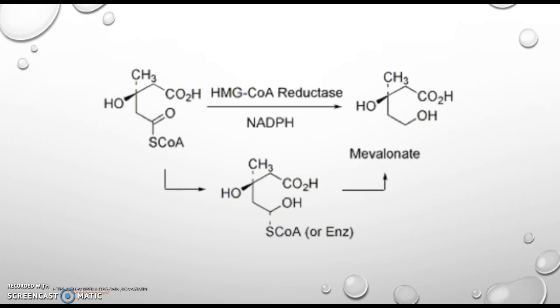Those were in the early initial steps of the cholesterol biosynthesis pathway, which we called the mevalonate pathway. So this inhibits the conversion of HMG-CoA to mevalonate, but it has a lot of effects down the road in the pathway, ultimately the inhibition of the biosynthesis of cholesterol.